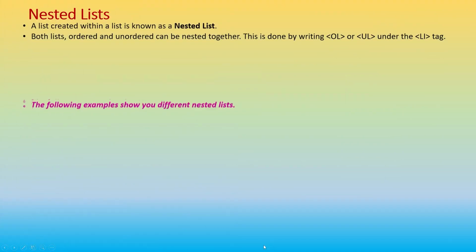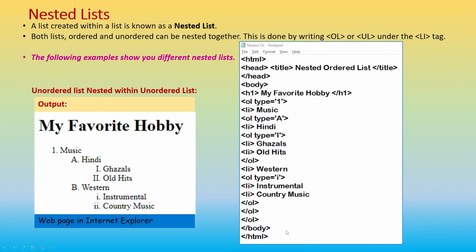Now we come to the nested list. Nested list means a list within another list. Sometimes we have such types of lists in the back exercises of a text, like in our book also we have our first question as capital A. Then inside that we have 1, 2, 3, 4, 5 questions.